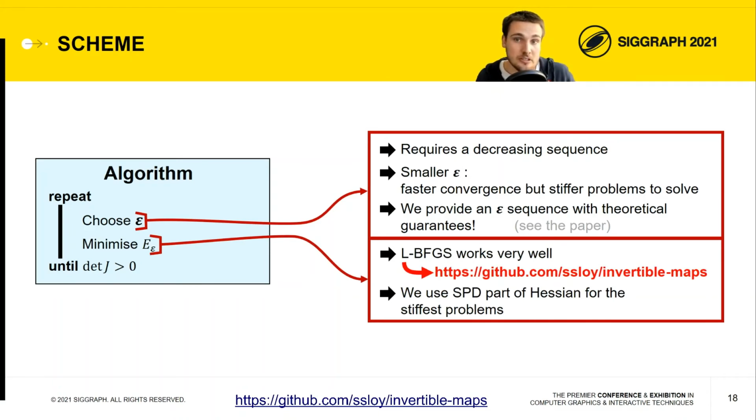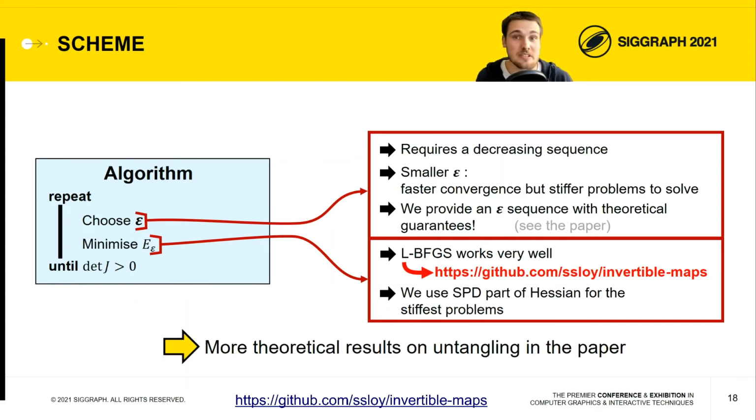Moreover, we provide an implementation using the LBFGS algorithm at the GitHub link. Finally, for very stiff problems, we use a part of the Hessian which is symmetric positive definite with a Newton implementation. There are more theoretical guarantees in the paper. If you're interested, please check it out.